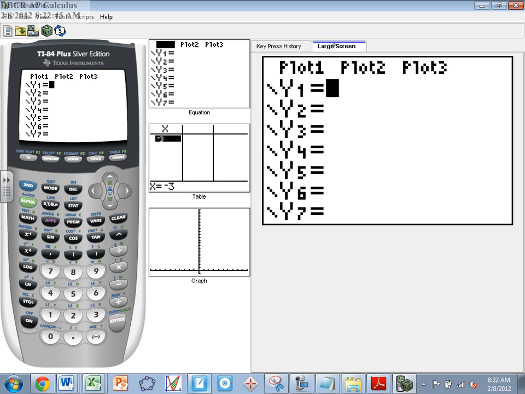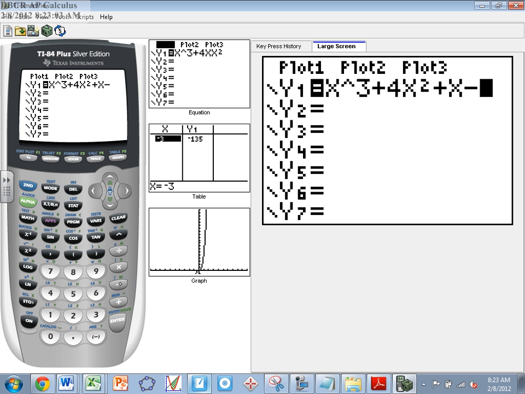But since we're going to plug in more than one point, write the function and then use the table to find every point. So the function was x to the third plus 4x squared plus x minus 6.